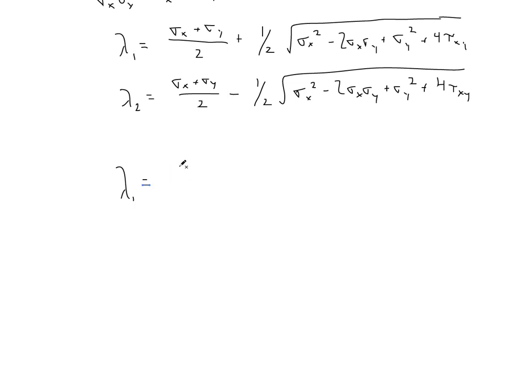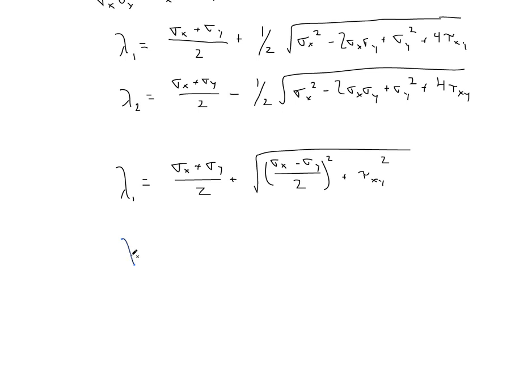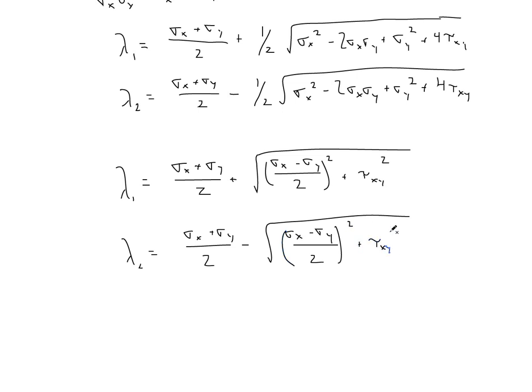Lambda 1 is equal to sigma x plus sigma y over 2 plus the square root of sigma x minus sigma y over 2 quantity squared plus tau xy quantity squared, and lambda 2 is equal to sigma x plus sigma y divided by 2 minus the square root of sigma x minus sigma y over 2 quantity squared plus tau xy quantity squared.